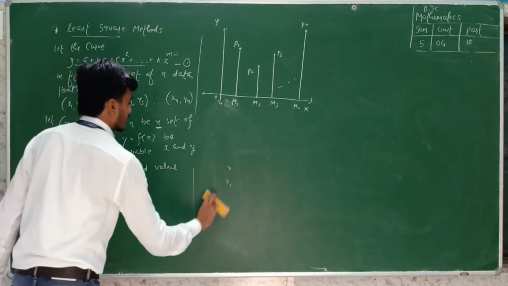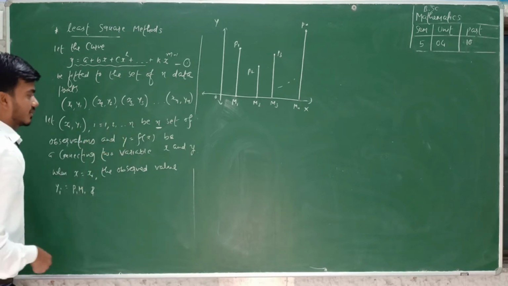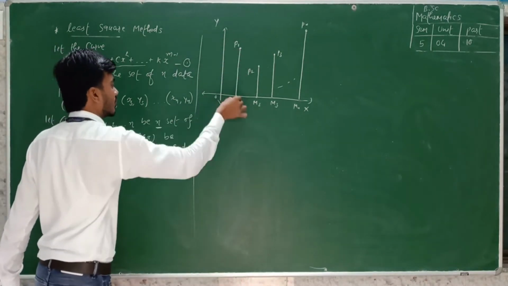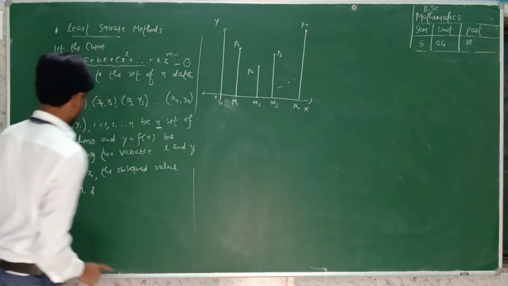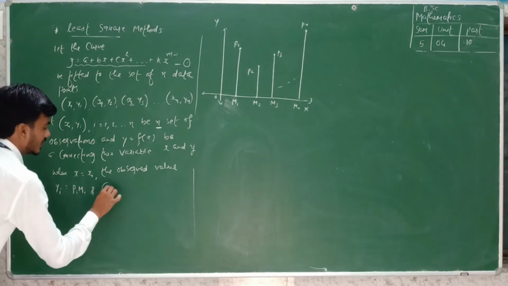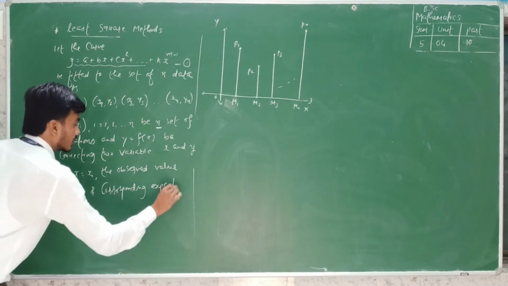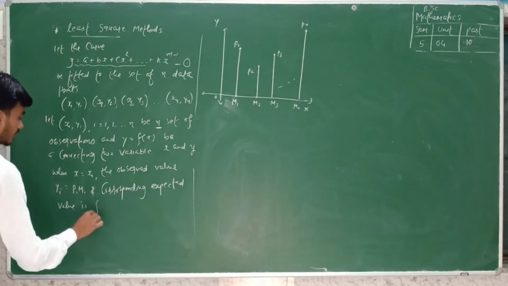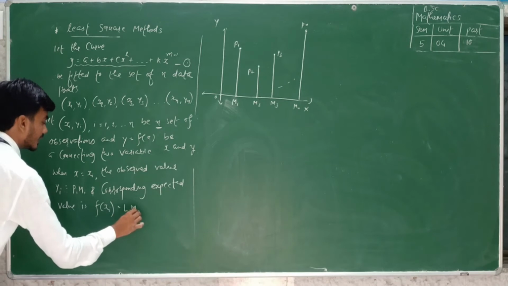So whenever we put the value x is equal to xi, because i is equal to 1 to n observations, the observed value yi is Pi Mi, and the corresponding expected value is f of xi, that is Li Mi.